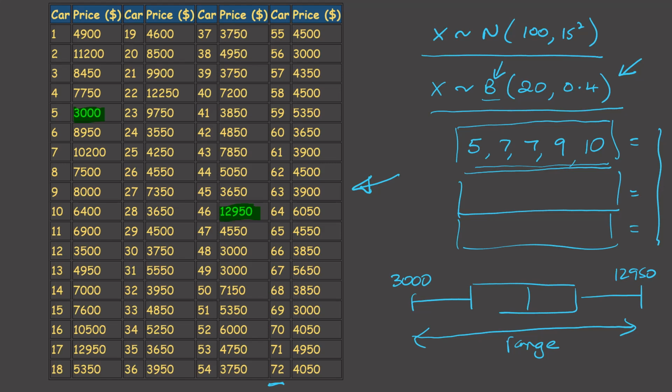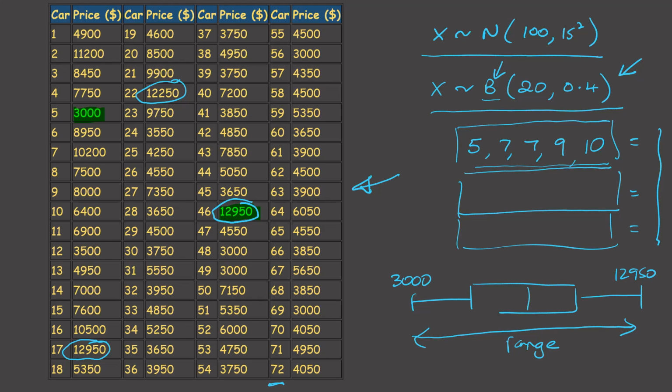Start thinking about taking samples from this, even if we just took a sample of 3 cars. So even if we ended up with the 12,950 and the next 2 highest, I'm not exactly sure what they are, there's a 12,250 there, and there's another 12,950, so there are 2 12,950s.